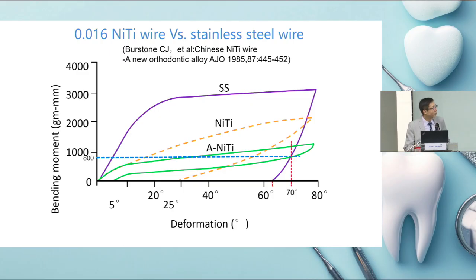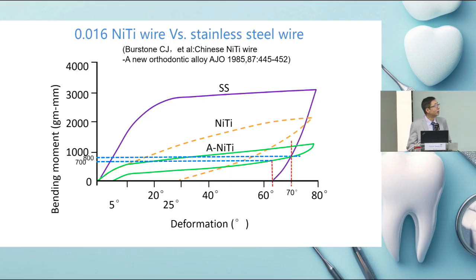How about Chinese night eye? With a 6 degree decrease, the moment changes from 800 to 700. So you still have 700 bending moment on the correcting teeth.